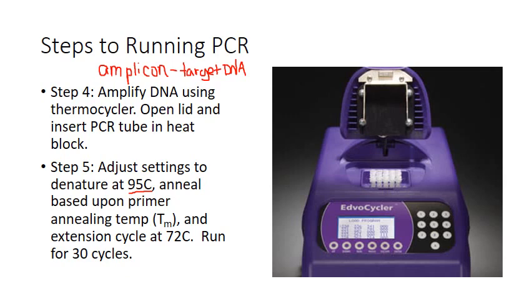That's going to be set at around 72 degrees Celsius. Okay, so 95, whatever your primer is, 72. You have those three settings, and you want it to run for about 30 cycles, and that'll give you enough DNA to do whatever you want with.